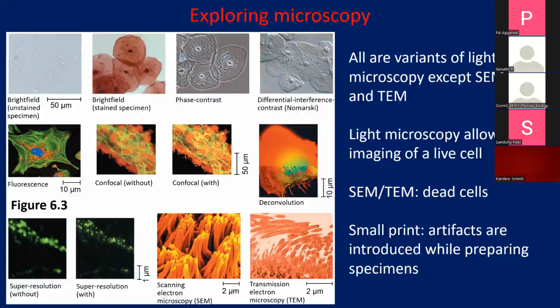When you prepare the sample for transmission electron microscope, by default the cell will be dead in the sample preparation itself. Without that, you cannot put it inside the microscope. So it is a totally different situation. There could be some other alternative, but I don't want to discuss it here.